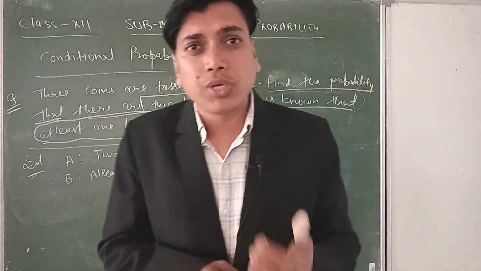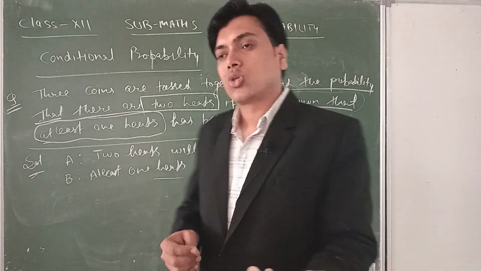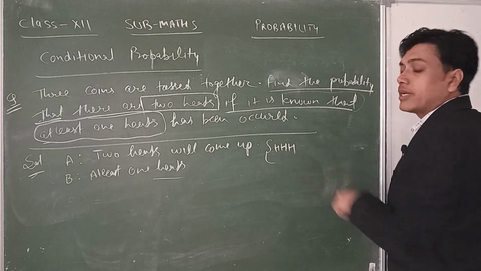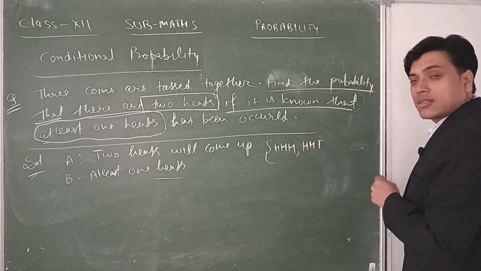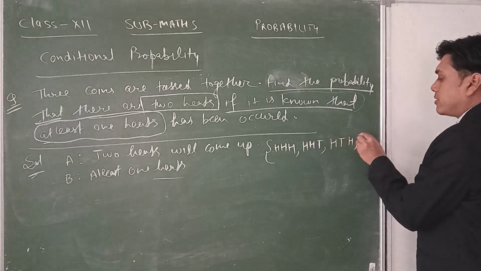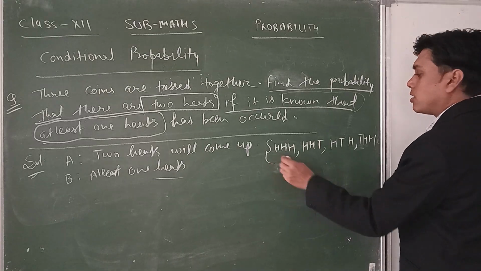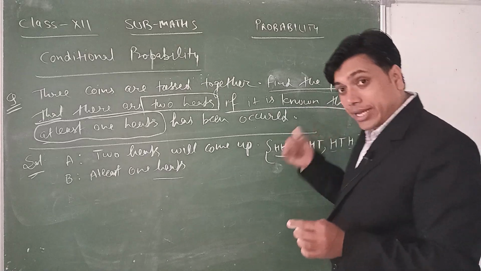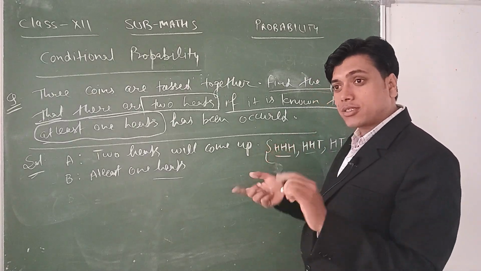If you are tossing three coins, then there will be 8 cases. You can prepare that: heads, heads, heads; heads, heads, tails; heads, tails, heads; tails, heads, heads. So all three can be heads, the first two can be heads, the second and third can be heads, and the first and third can be heads.